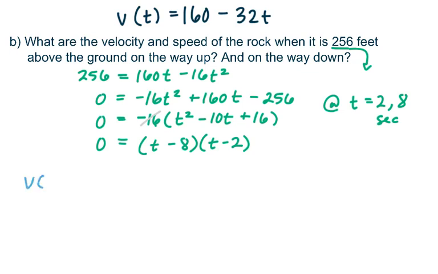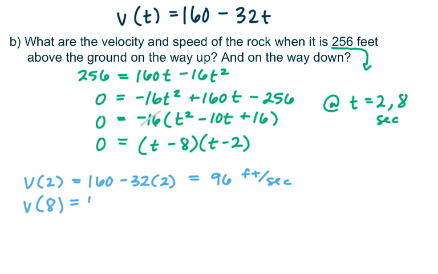So v of 2, plugging 2 into velocity, is 160 minus 32 times 2, which gives me 96. So that's a velocity that is 96 feet per second. And the velocity at 8 seconds, 160 minus 32 times 8, we end up with negative 96. Negative 96 feet per second.